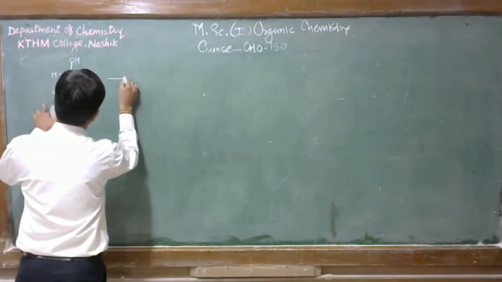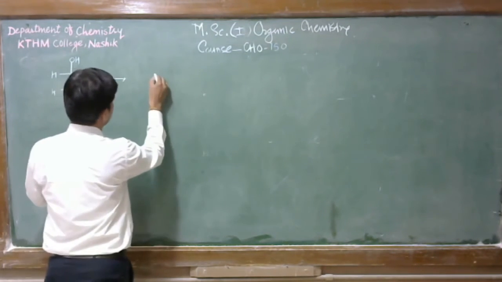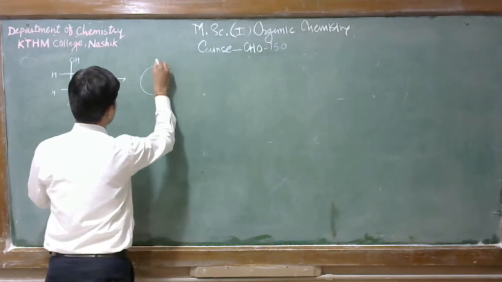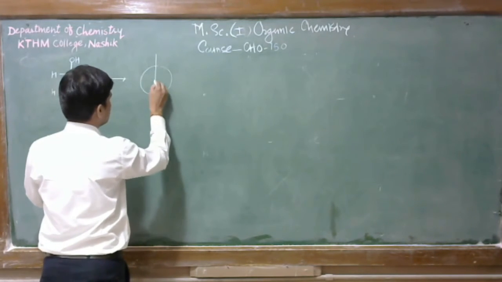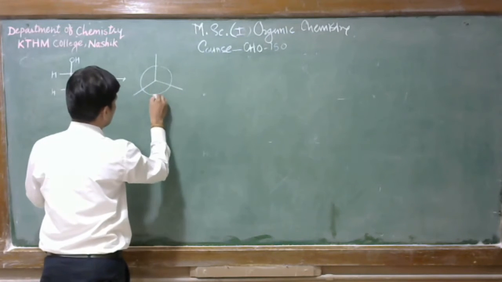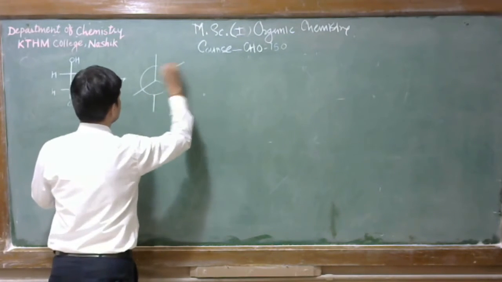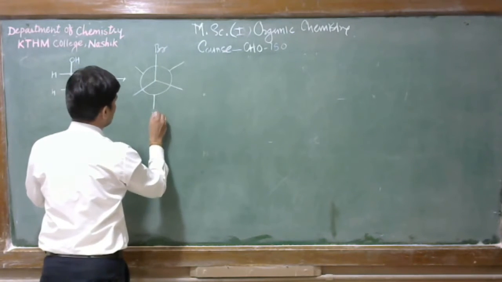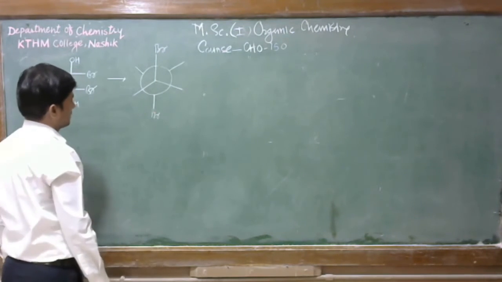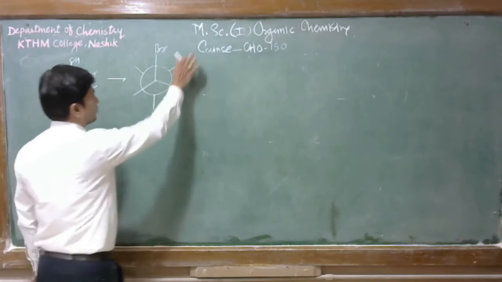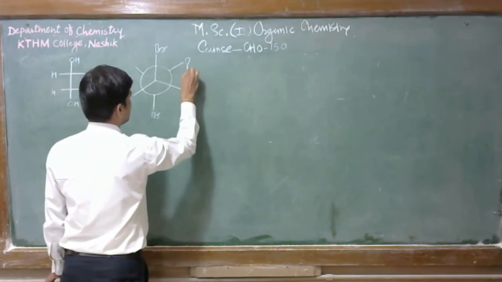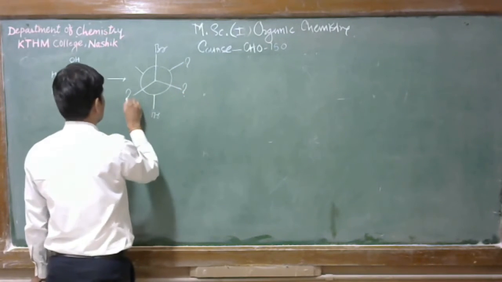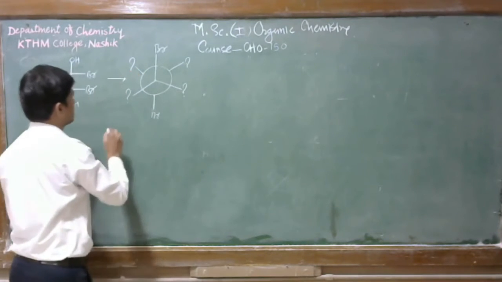We have to convert this Fischer projection formula into a Newman projection formula, and see here in the Newman projection formula we have been given two groups. This is bromine and this is bromine here, but the four groups are not given here, and we have to find out these four groups.